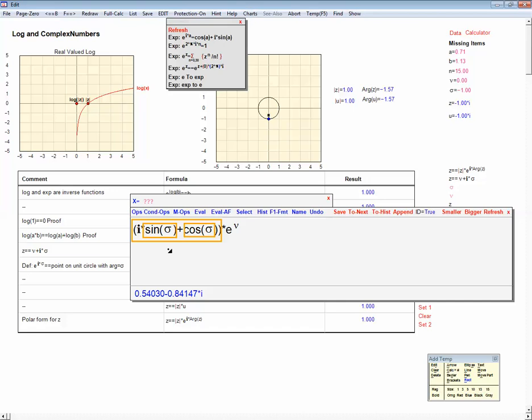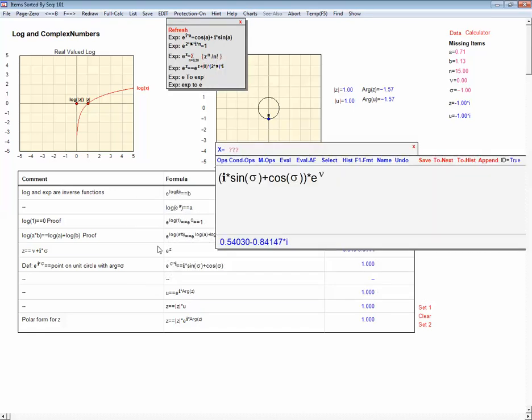So what we've done is we've defined e to the i sigma to be a point on the unit circle. And in fact, the sigma represents the argument of the point on the unit circle.